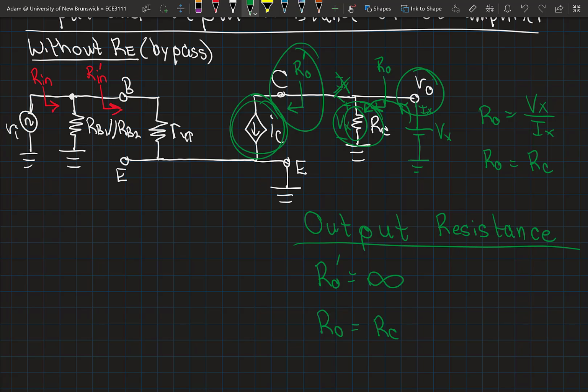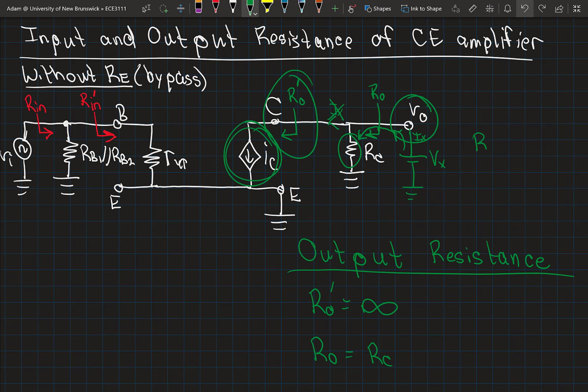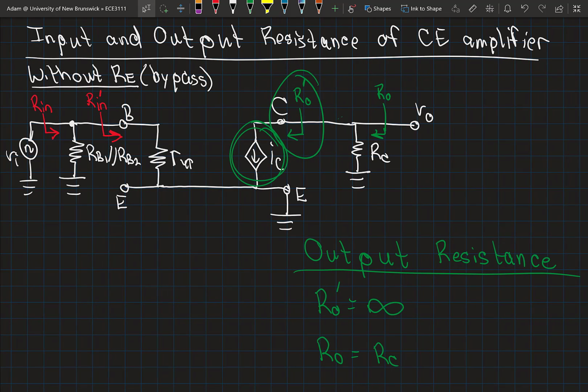RC is the only thing limiting the current Ix if we evaluate it using a test source like I've done here. I think it's almost easier in this case to assess it through observation and note that the only resistance seen looking back from the perspective of the output is the collector resistance.